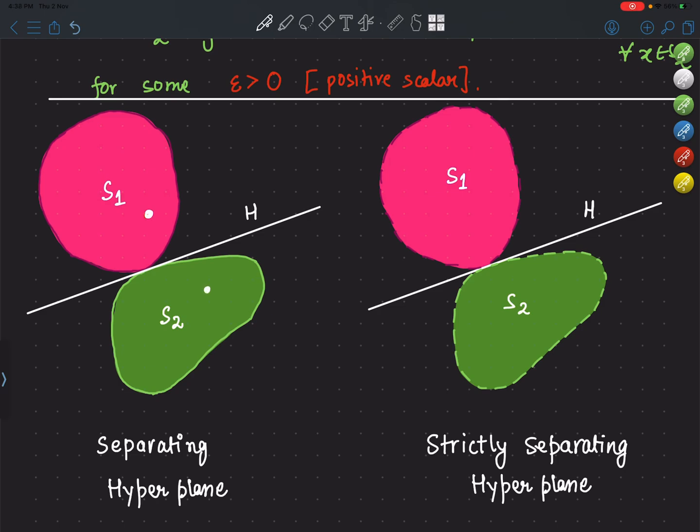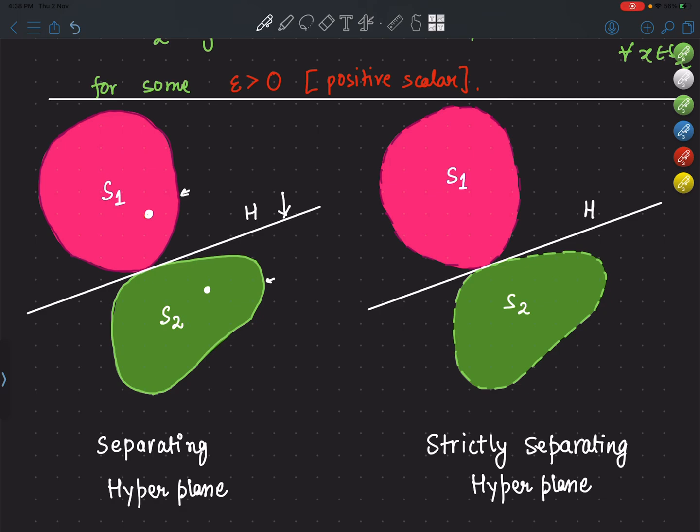They are closed sets, you can see, so they include their boundary points also. And if we have a hyperplane H for which S1 is on one side and S2 is on the other side, then this is called a separating hyperplane.